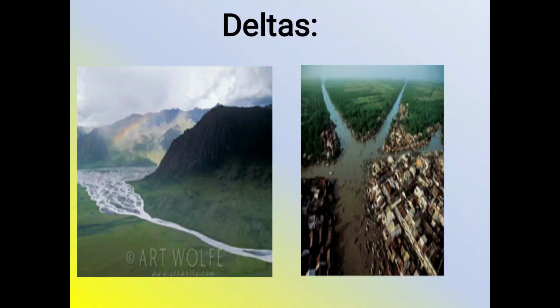Number one, the river should have a long upper course so that it erodes the highlands or mountainous or hilly region and brings large quantities of sediments with it. Second condition, the river should have a long lower course so that it flows with a gentle velocity and the sediments are deposited along its mouth.